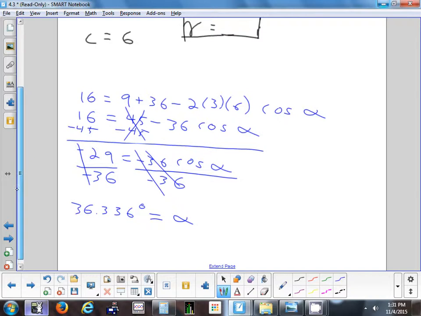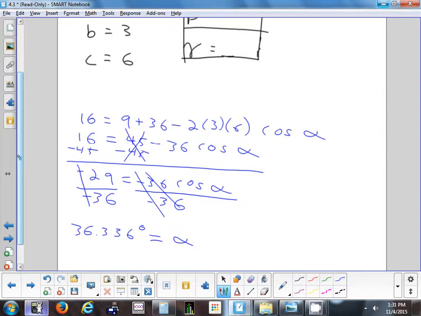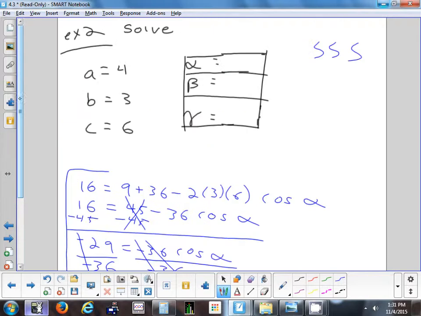And that's alpha. So really the law of cosines, that was all the work right there. You really can shorten it up if you do some of the steps in your head. There's not as much to write out. Any question on how I found alpha?